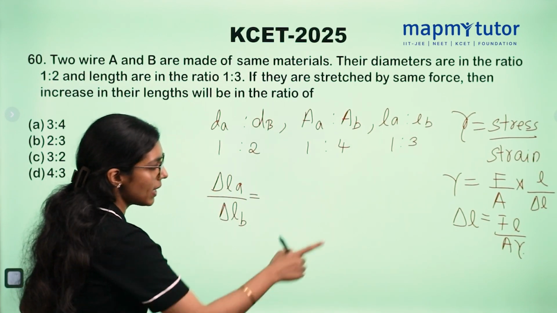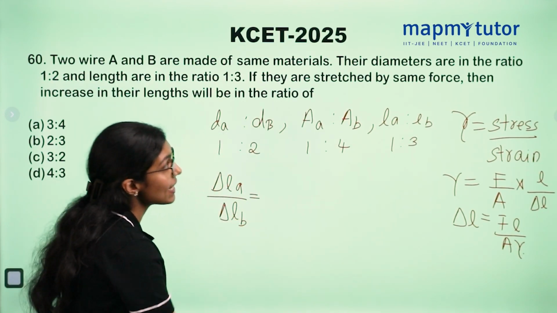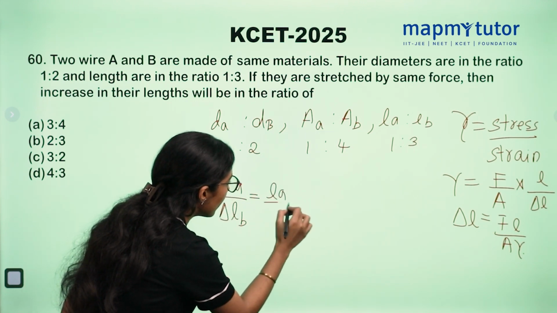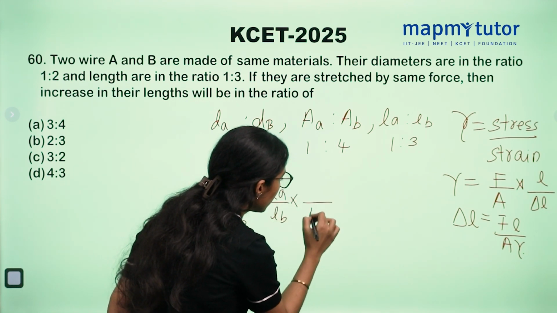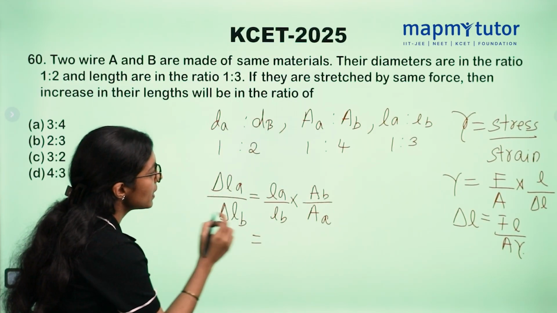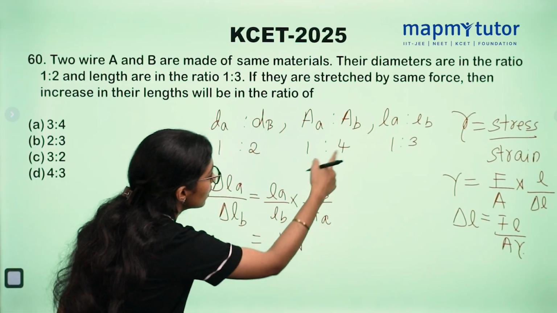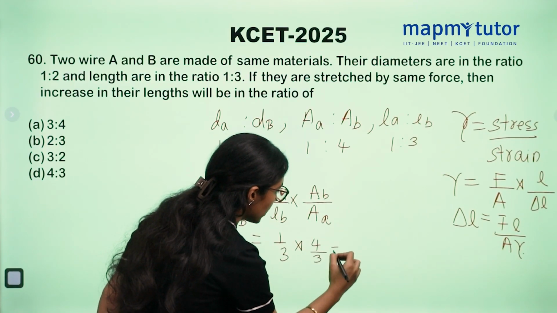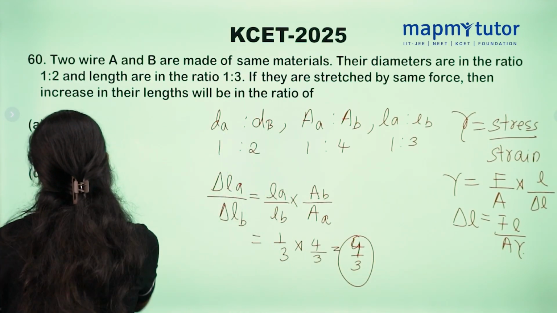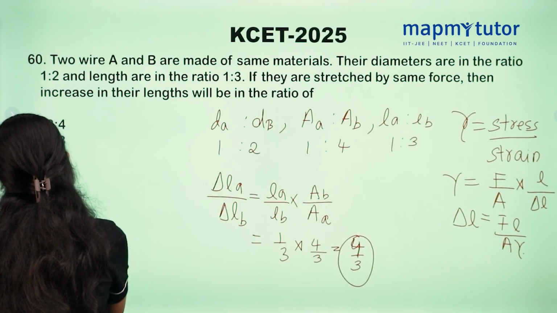Now we will just equate, as F and gamma will remain constant, same wire and same force. So delta LA by delta LB equal to LA AB by LB AA. LA is to LB is 1/3. This will be 4 by 3. So it is 4 is to 3. See, so simple. Option D is correct.